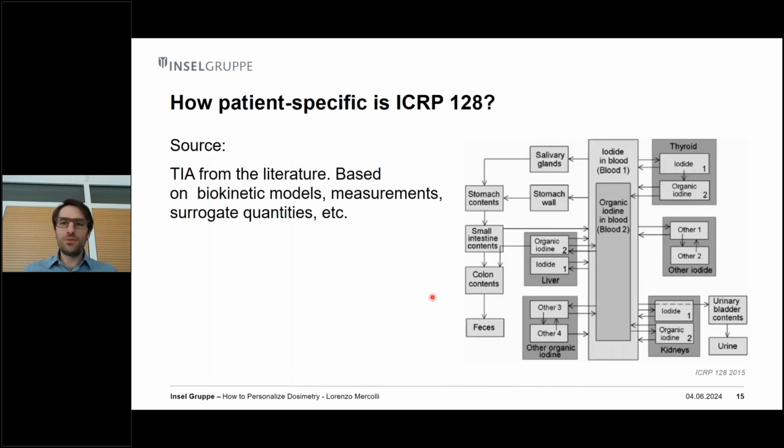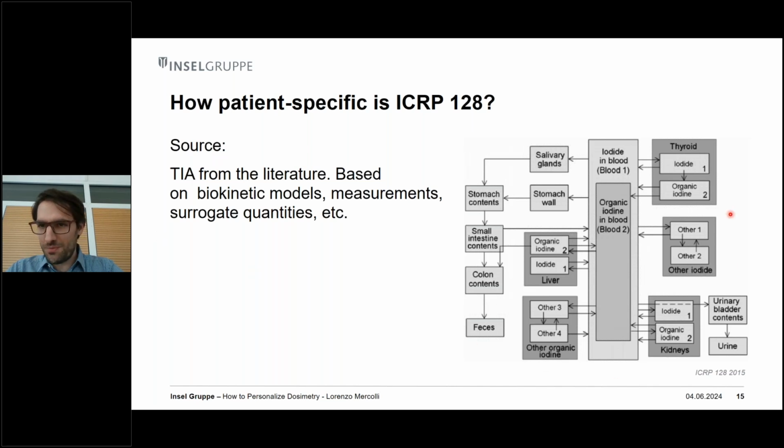But of course, we need to ask, well, how patient specific is this? So I gave some activity to a patient. Well, how close is the dose that I get out from these tables to the true dose that the patient got? So we can check, and then we see that as the source, the ICRP 128 takes the time integrated activities either from the literature, or they do some modeling.